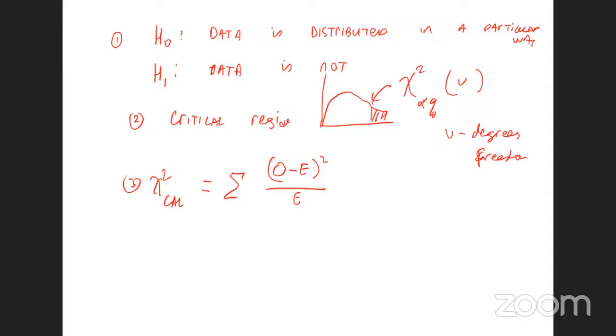Okay? So we need to remember those little things. And then after we do that, we're going to compare chi-squared calculated with chi-squared significance, degrees of freedom, right? And then make a conclusion, right?